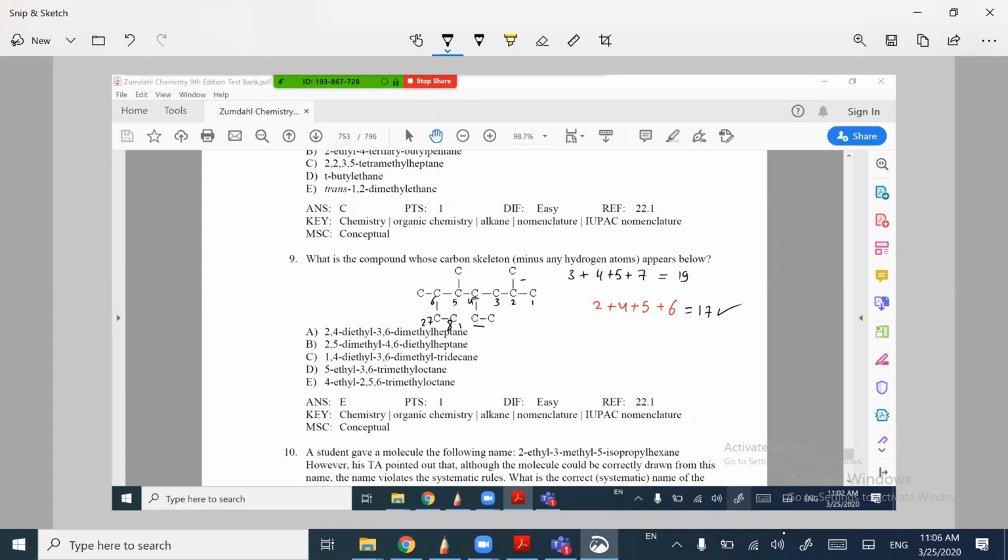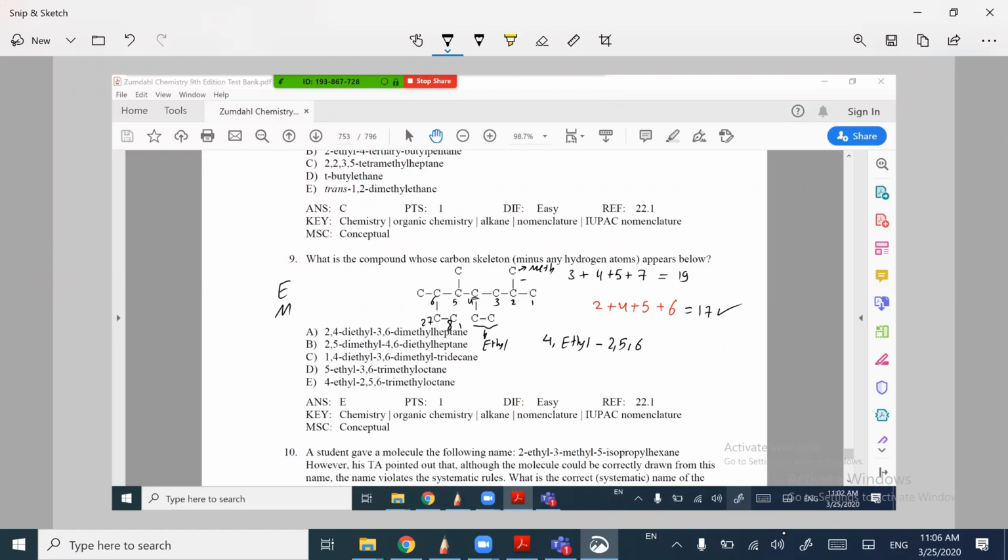This branch is called ethyl, and this branch is called methyl. Alphabetically, ethyl precedes methyl, E precedes M. So on carbon atom number 4 we have ethyl, and on carbon atoms 2, 5 and 6 we have methyl.